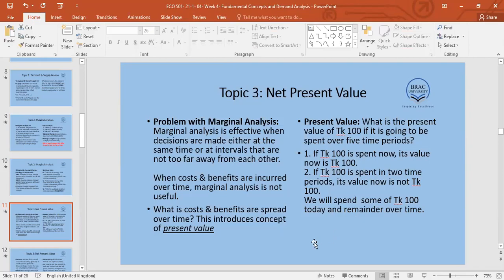Let me stop share. Can you see this 500 taka note? Yes, sir. How much is it worth? 500. At this moment, 500. Why is it worth 500 at this moment?